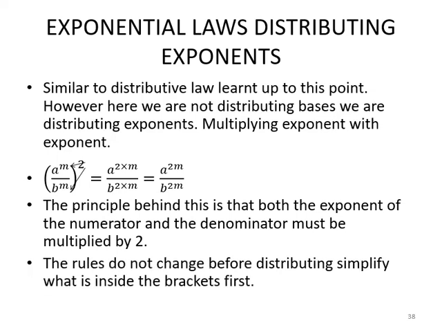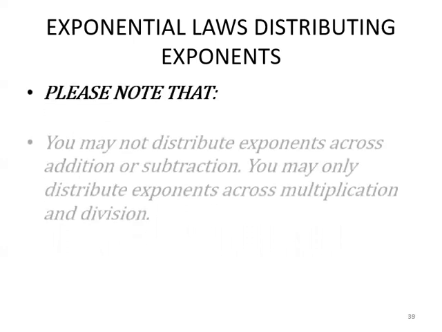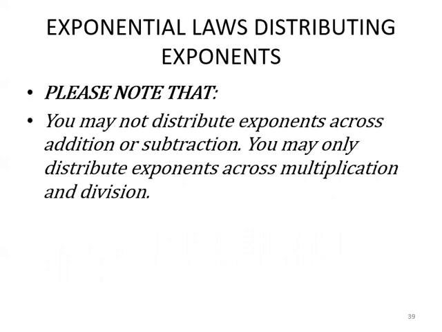Before you distribute, remember to simplify what is inside the brackets first. Please take note. You may not distribute exponents across addition or subtraction. You may only distribute exponents across multiplication and division. For example, here I have multiplied, so I can distribute the exponents.